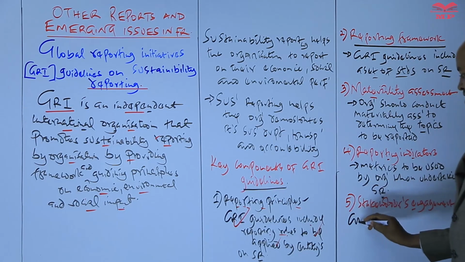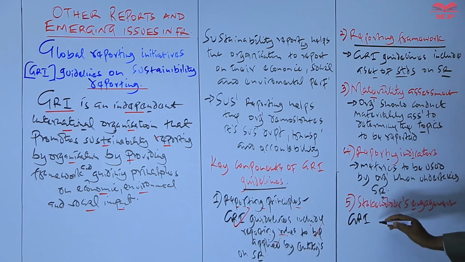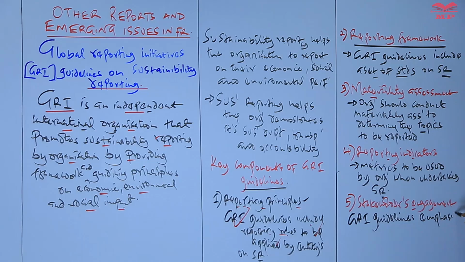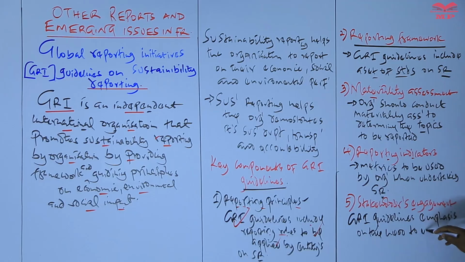So therefore, we can say Global Reporting Initiative guidelines emphasize the need to engage the stakeholders in the sustainability reporting process.